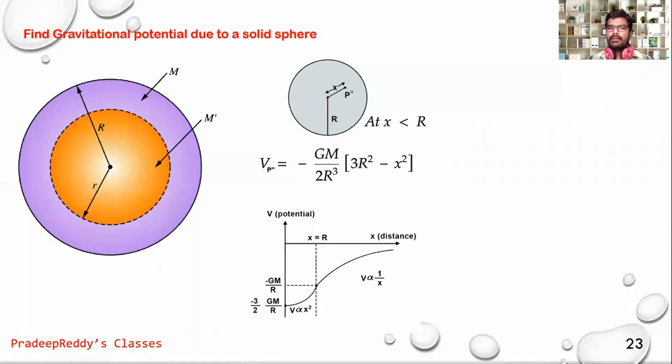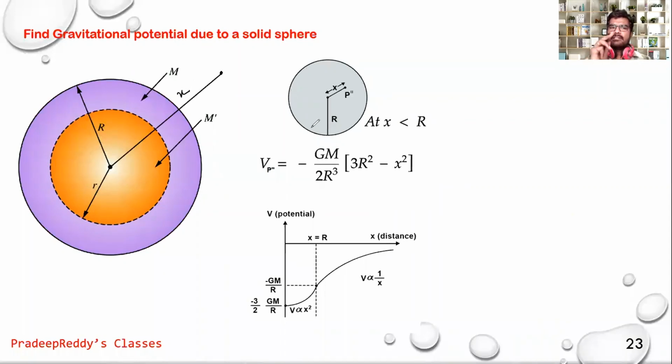I want to now find out gravitational potential inside the sphere, on the surface of the sphere, and outside the sphere. So let me first calculate gravitational potential at this position, which is at a distance x from the center.